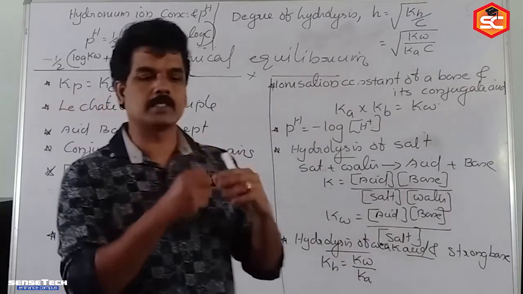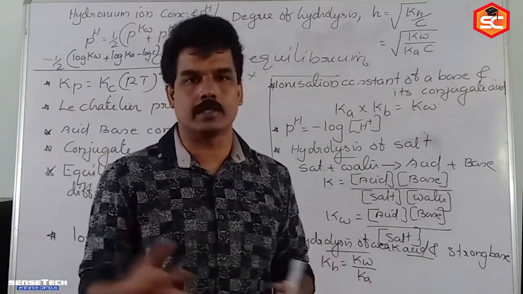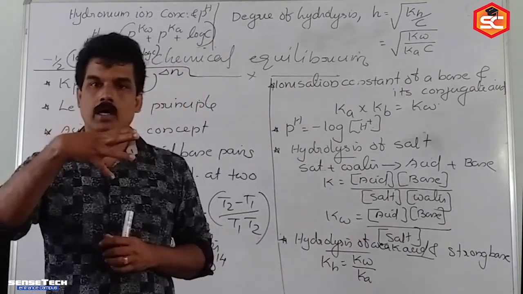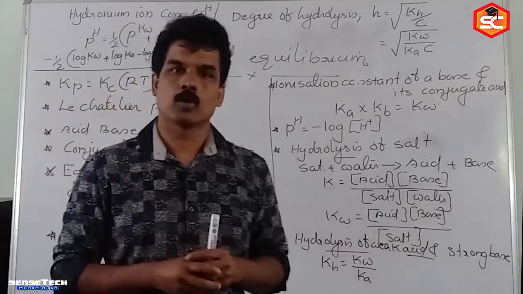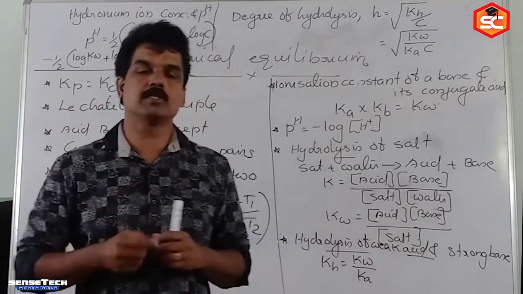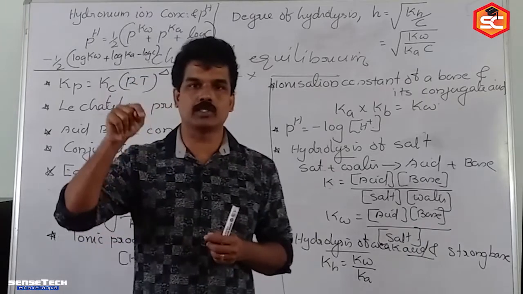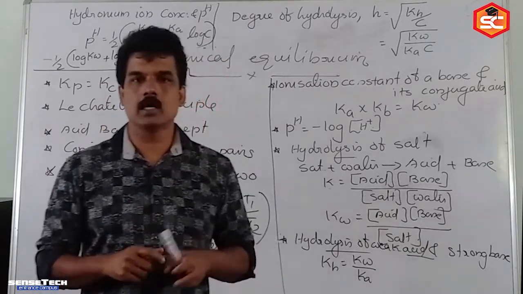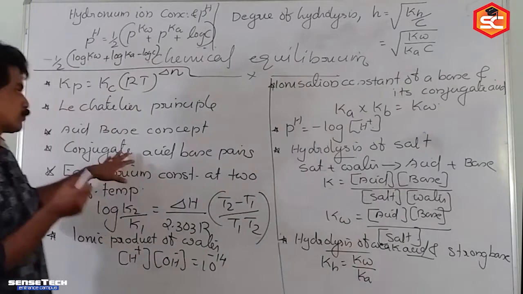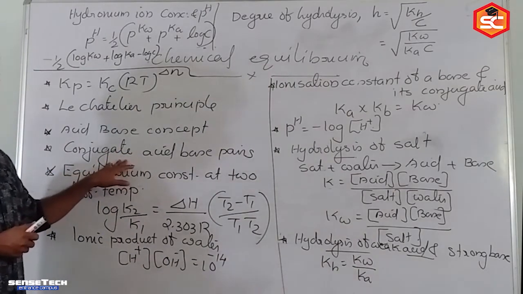Adding H plus ion to a species gives its conjugate acid, and removing H plus ion gives the conjugate base. For ammonia, the conjugate acid is the ammonium ion, NH4 plus. The conjugate base is NH2 minus. Like that, for all species you can write the conjugate acid and base.